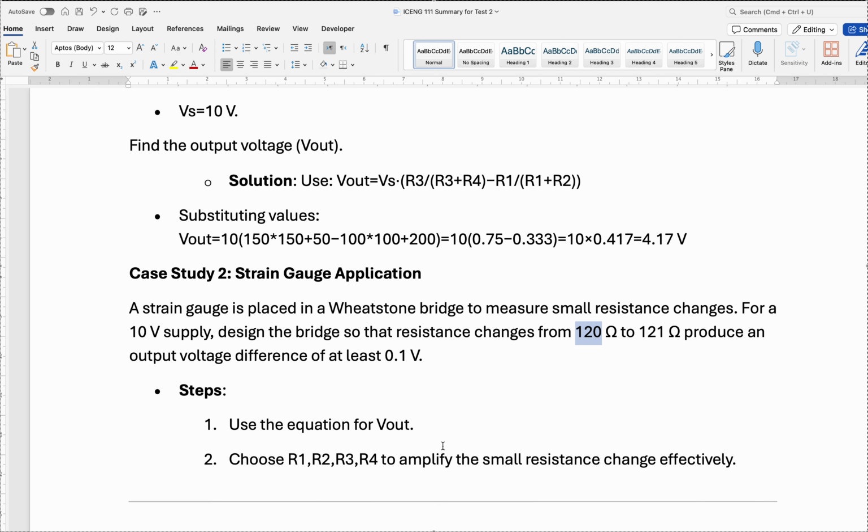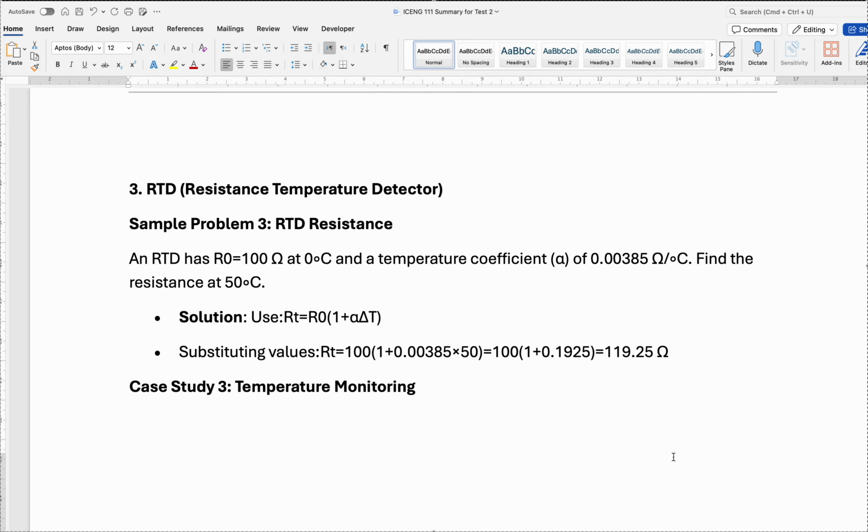And somehow I'm selecting the resistors to obtain 0.1 volt. So this is the idea of how I'm going to do it. Now 0.1 volts, if we feel that it is a bit low, then we need to add an amplification, so that we amplify the small resistance change effectively. So this is what you're going to do.